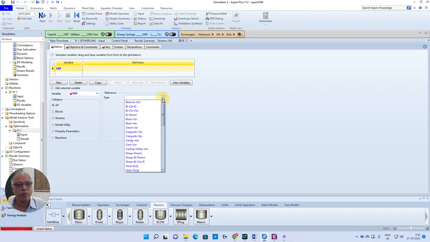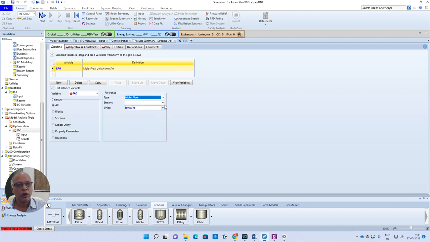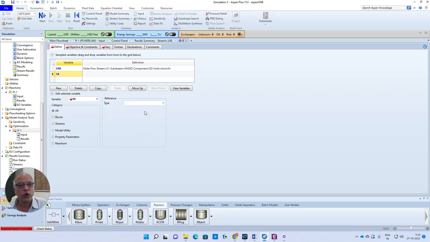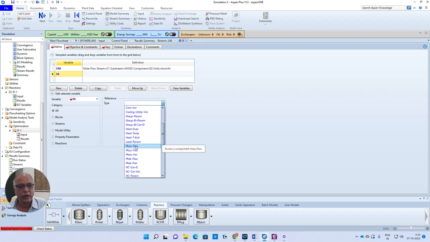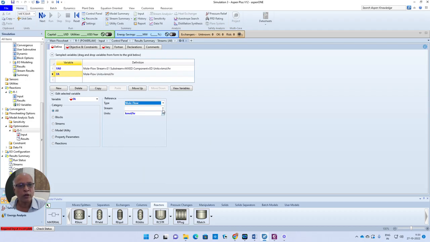It's a stream variable, which is the mole flow in stream 1, the inlet stream, of this particular component. So this variable is going to represent the inlet molar flow rate of the reactant. Similarly, I would like to define another variable FA, which is the molar flow rate of the same ethylene diacetate from the second reactor. Mole flow exit from the second reactor is S3. So they are going to represent the inlet and outlet molar flow rates.